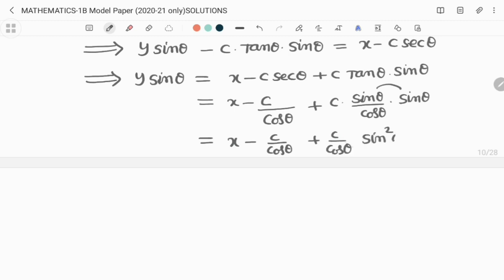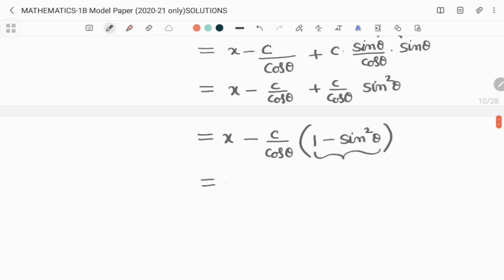Now what I am going to do is take x minus c by cos theta common. So here 1 minus sin square theta. 1 minus sin square theta is equal to cos square theta. So x minus c by cos theta into cos square theta.